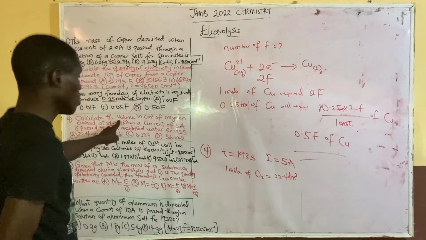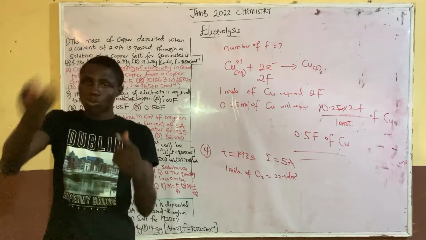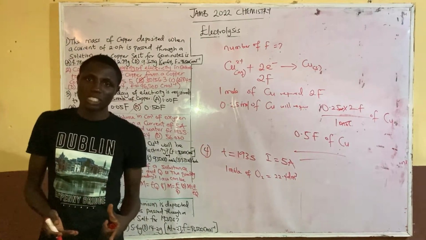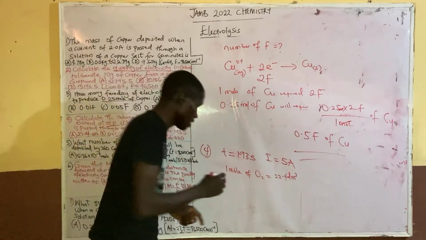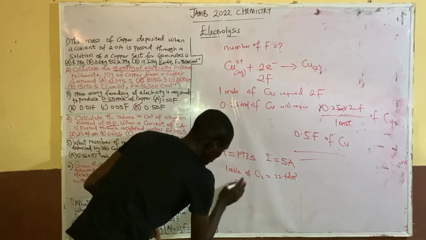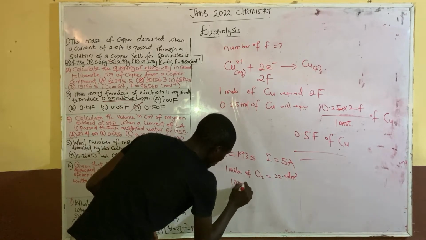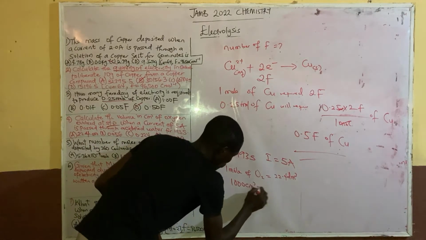And if they are asking for centimeter cube, you have to convert it. 1000 centimeter cube is equal to 1 dm cube.